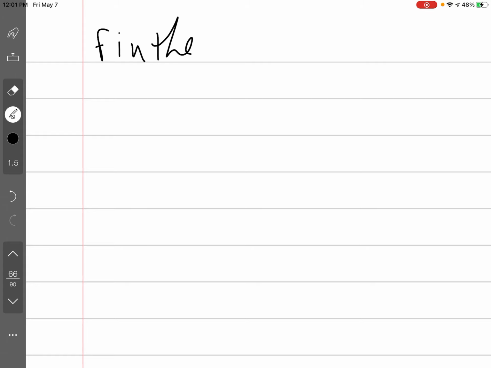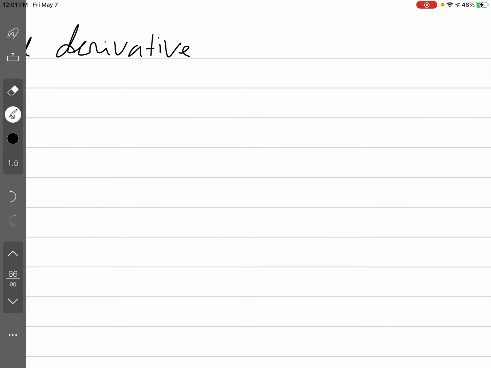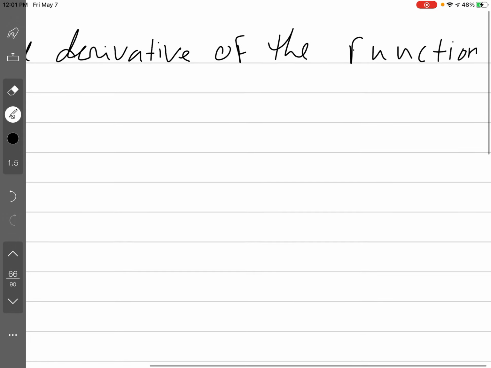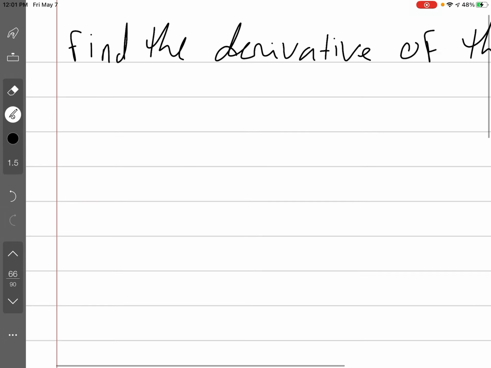Find the derivative of the function. Okay, so I can use g of x.